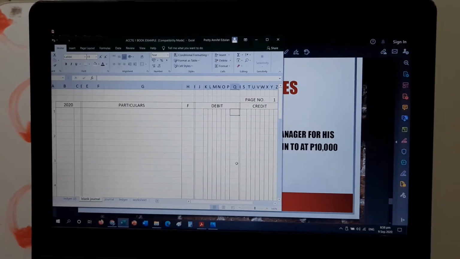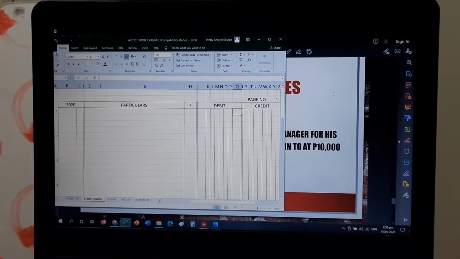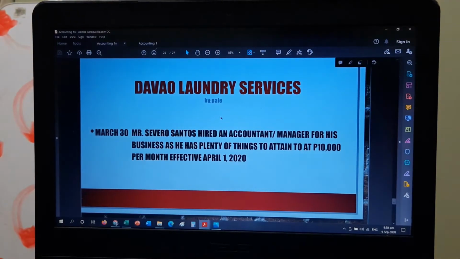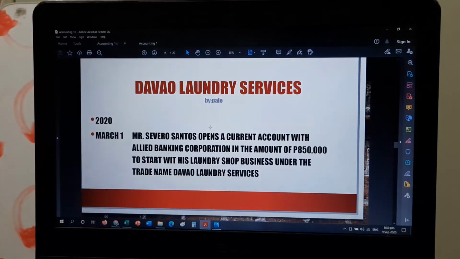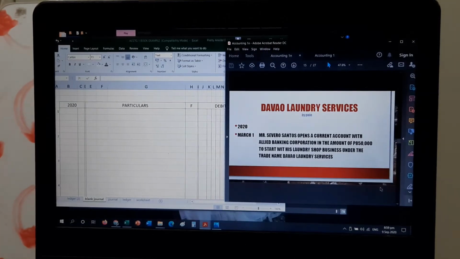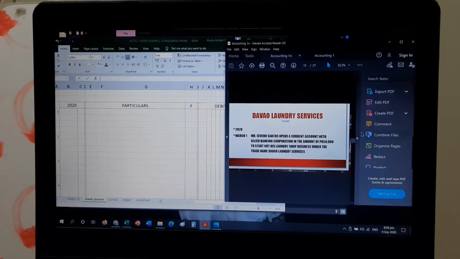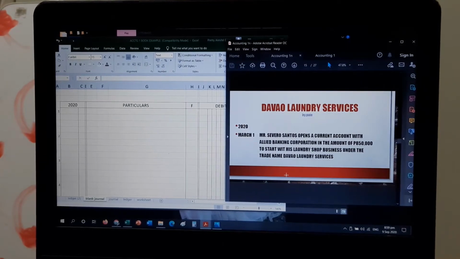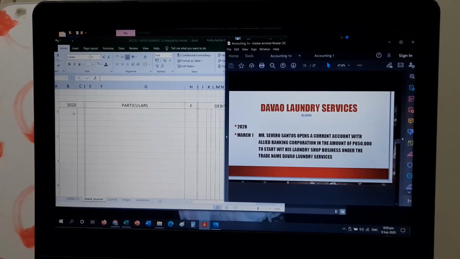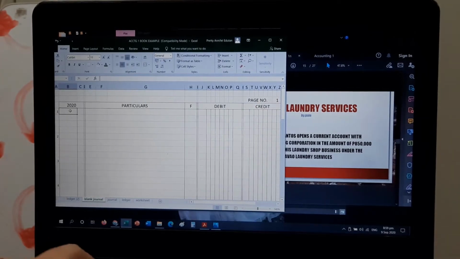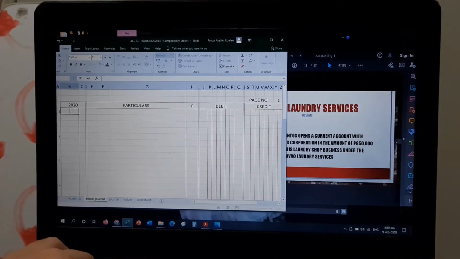So let's proceed to our problem solving. Let's go back to the first transaction. So here. So on March 1, 2020, since that is the first transaction, write the month.